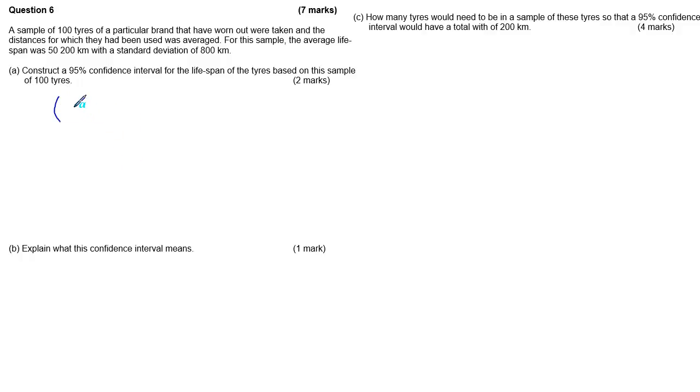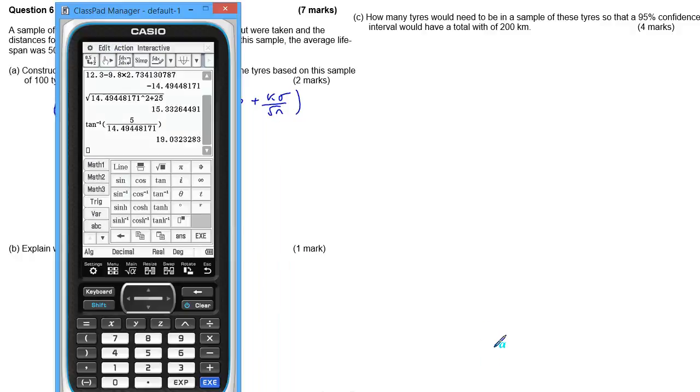So, we have 50,200 as the mean, and we want to go either side of that. So we're going to use K sigma over root n in the usual sort of way. Now in this particular case we're after a 95% confidence interval.